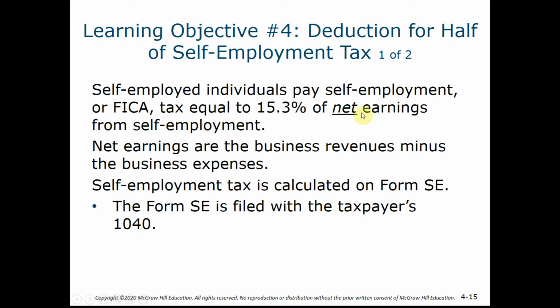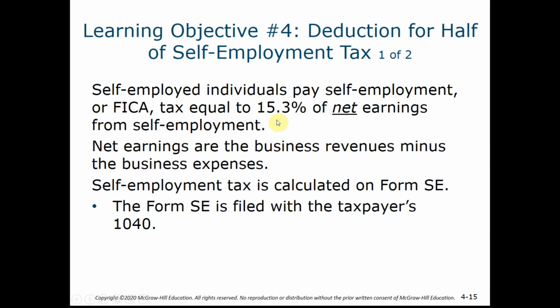So self-employed individuals pay self-employment FICA tax equal to 15.3% of net earnings, and again this would include both Social Security of 6.2% times 2, employee and employer portion, and then 1.45% for Medicare, again for employee and employer. Adding all those together, the total tax is equal to 15.3%. Half of this tax is deductible for AGI by a self-employed individual.